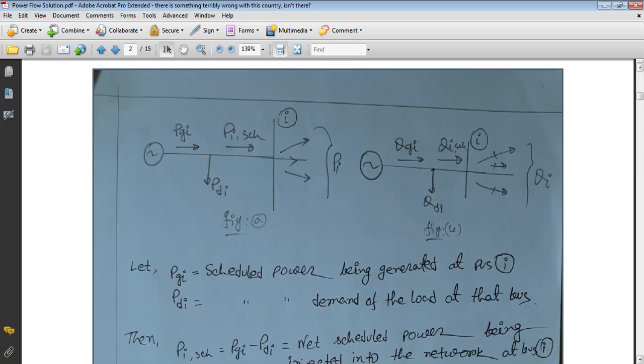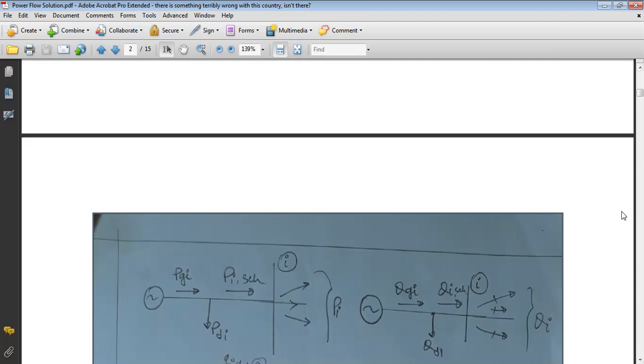To find out the individual bus voltage and angle, we have to use the load flow study. Load flow study is a process to solve nonlinear algebraic equations. By using this process, we can calculate the individual bus voltage and the angle also.